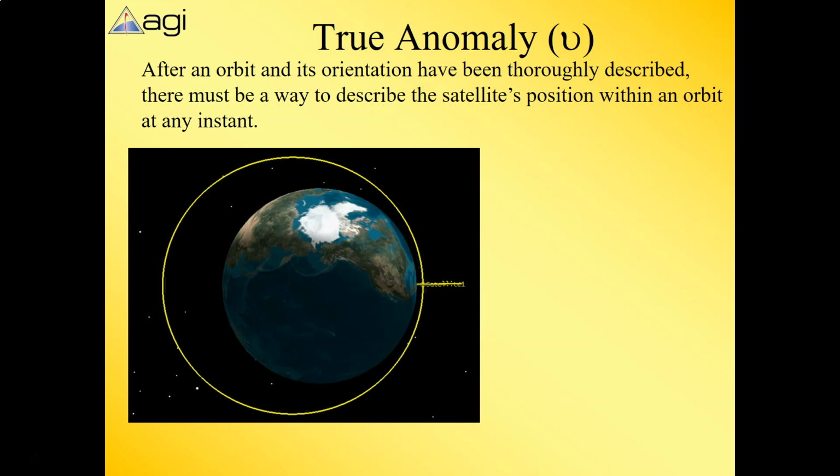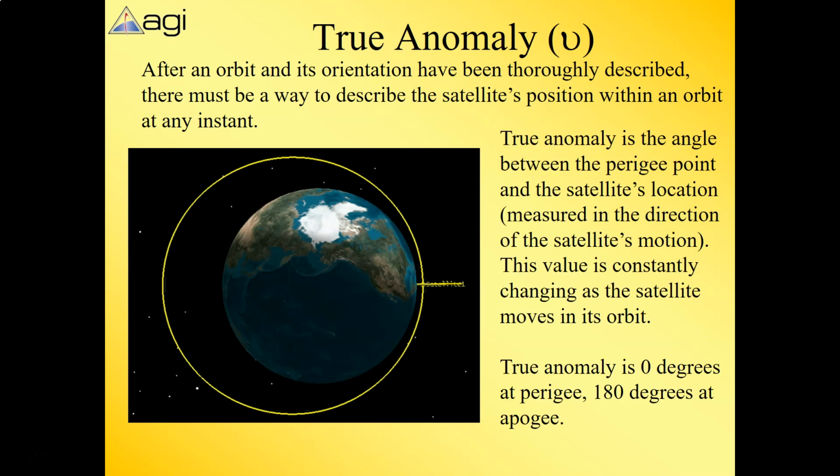True anomaly is an ever-changing parameter, which makes sense. The satellite is always moving. If multiple satellites occupied the same exact orbit, but had different true anomalies, they would orbit over different locations of the Earth at any given moment.